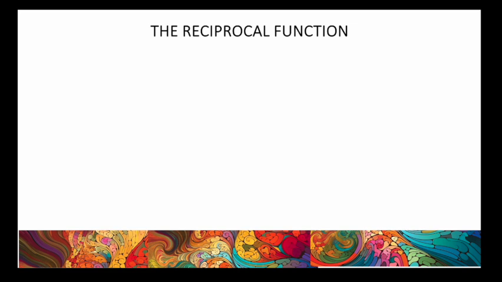Now we're going to talk about the reciprocal function. And the reciprocal function is 1 over x. Now, when we think about the reciprocal function, and we want to find the antiderivative, a lot of times our brains will go in the direction of wanting to use the power rule, because you can bring that x from downstairs upstairs by writing it as x to the negative 1.